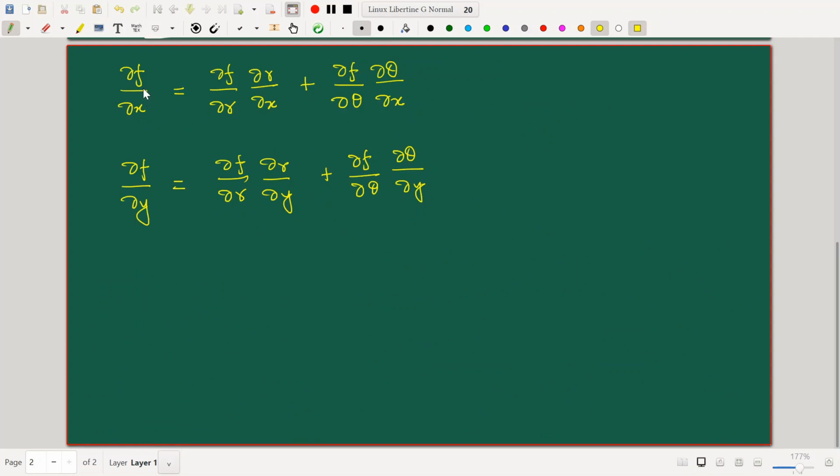So just like f is a function of r and theta, so also if you have the Airy stress function as a function of r and theta, you can find out del phi del x, then proceeding by repeated use of these kinds of chain rules, you can obtain del square phi del x square, del cube phi del x cube, del 4 phi del x4, written in terms of the corresponding r and theta derivatives.